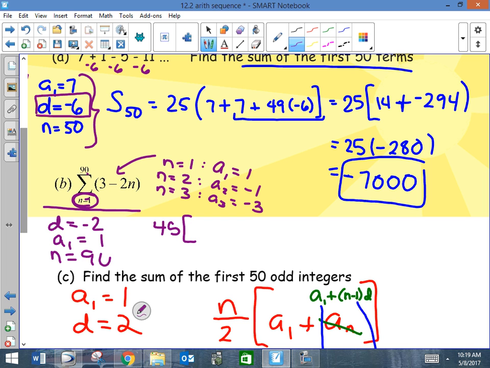times A1. Oopsie. Nope, that's D. A1 is 1. Now I'm going to figure out An. I'm just going to do it in the context of this problem. So that's 89 D's, which is -2. Now I'm going to get my calculator out and do the rest.